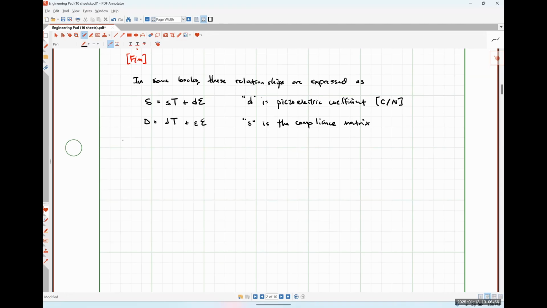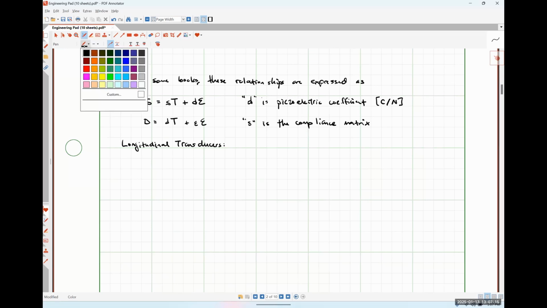So in this case, let's talk about longitudinal transducers first. Longitudinal. I'm going to attempt to draw a picture here. I'm going to start by drawing my transducer.